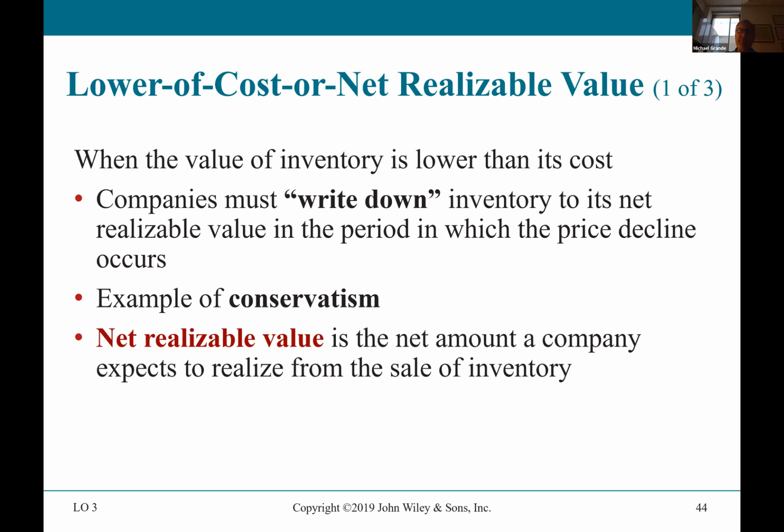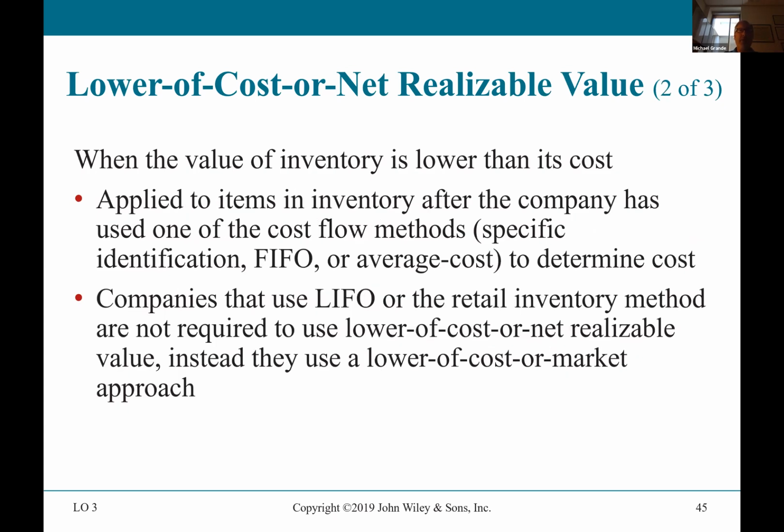It is applied to items in inventory after the company has used one of the cost flow assumptions. Companies that use LIFO or the retail inventory method are not required to use lower of cost and net realizable value.